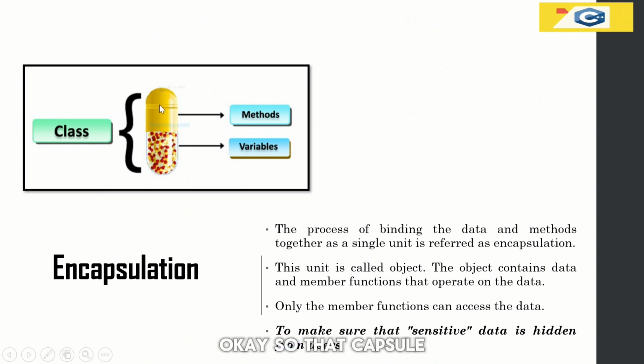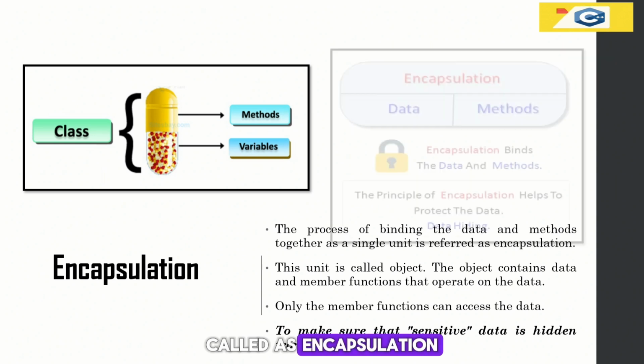That capsule we call a class, which has some set of methods and some set of variables inside it. Together, methods plus variables will give you a class. The process of doing that binding, of keeping the data and methods together, is called encapsulation.